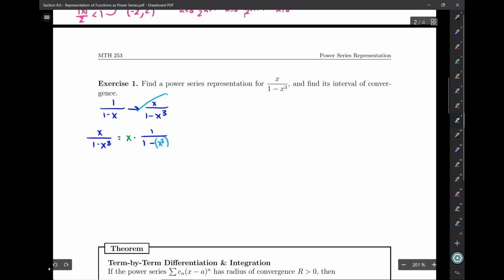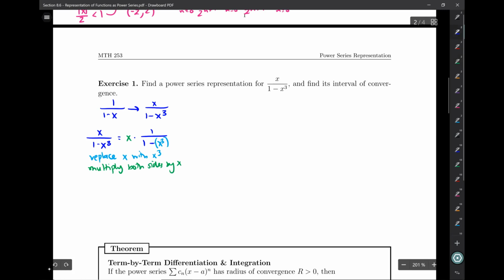Writing it this way we can see what needs to be done. So we need to replace x with x cubed, and then we need to multiply both sides by x.